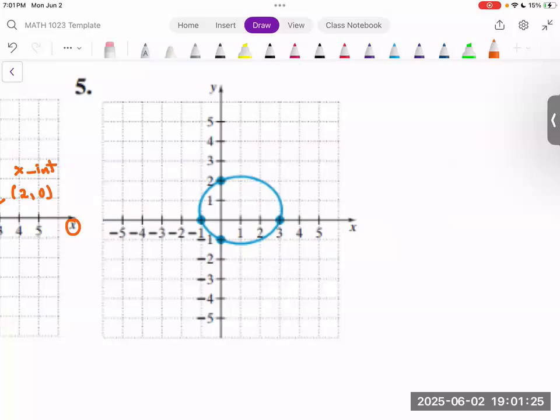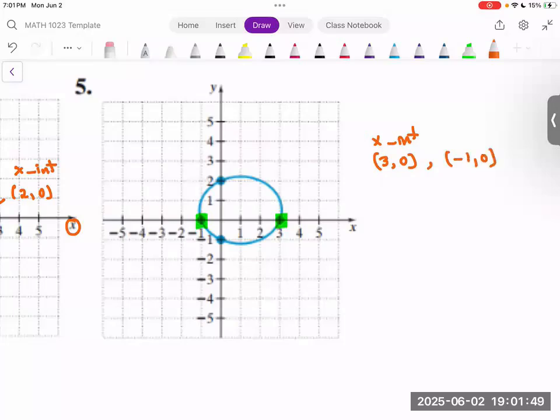Since there are so many, let's label the x-intercepts first. What are the coordinates of the x-intercepts here? So the two x-intercepts are this one and this one, right? They are on the x-axis. So if I want to write them down, they are 3, 0, that's 1 point. The other point is minus 1, 0, correct?